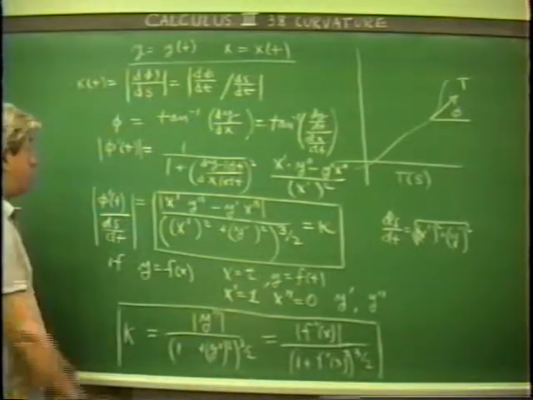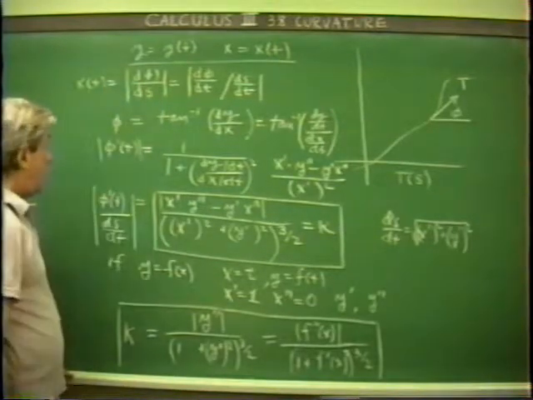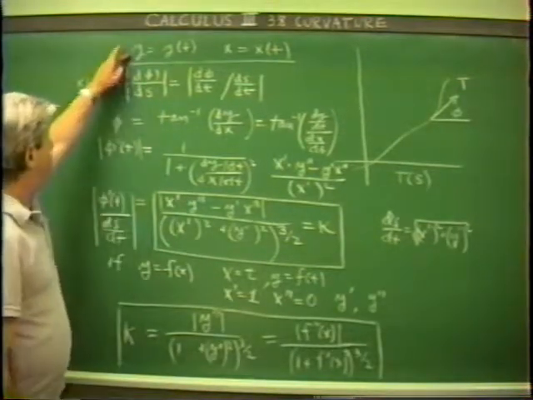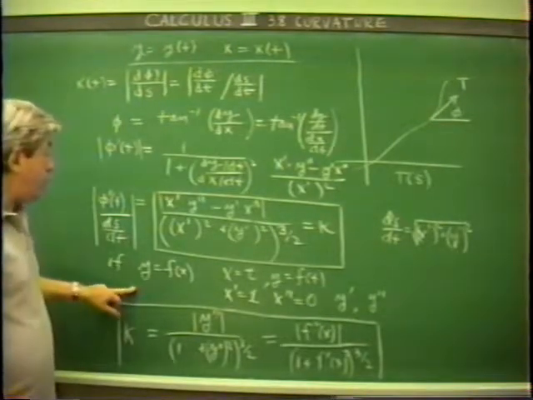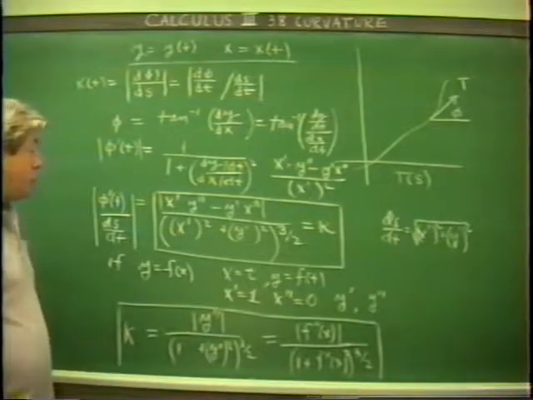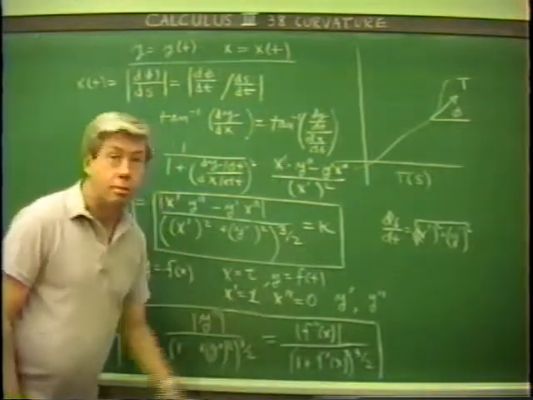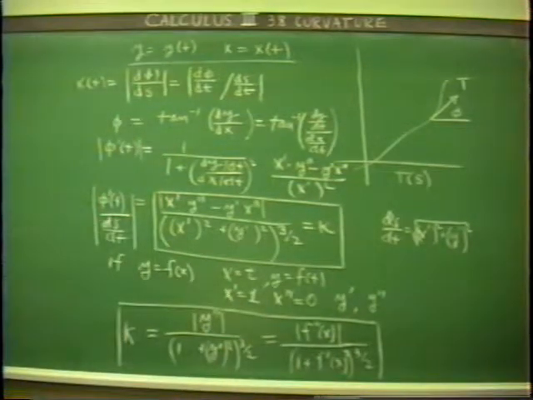So if you get a negative value here, you take the absolute value, and this gives you the curvature. So here then are two formulas. One for the curvature of a curve given parametrically by y and x as functions of t, and the second one, the curvature for a function at a point x.